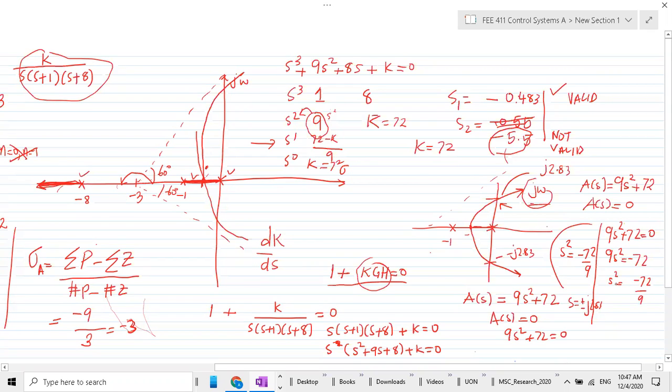The j comes because of this minus. So s equals plus or minus j square root of 72 over 9, and then you get 2.83 j, plus or minus because of the square root. Madam, is that okay?